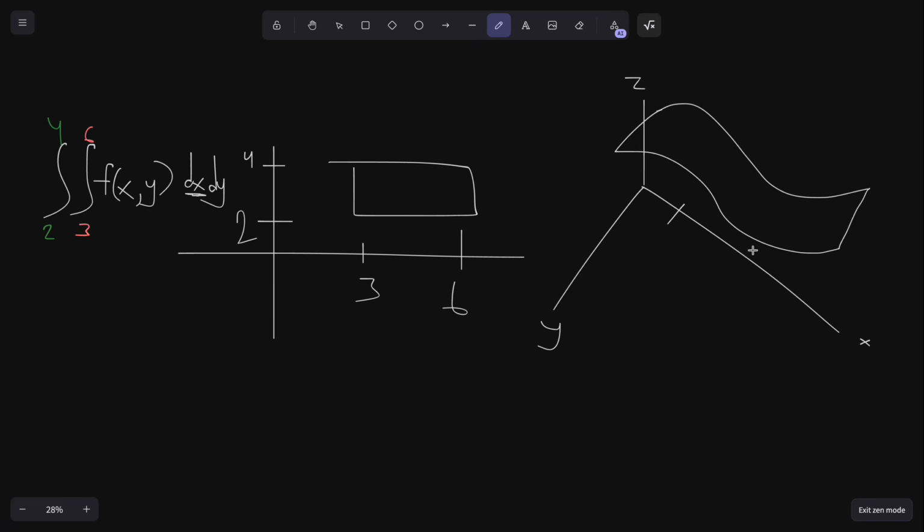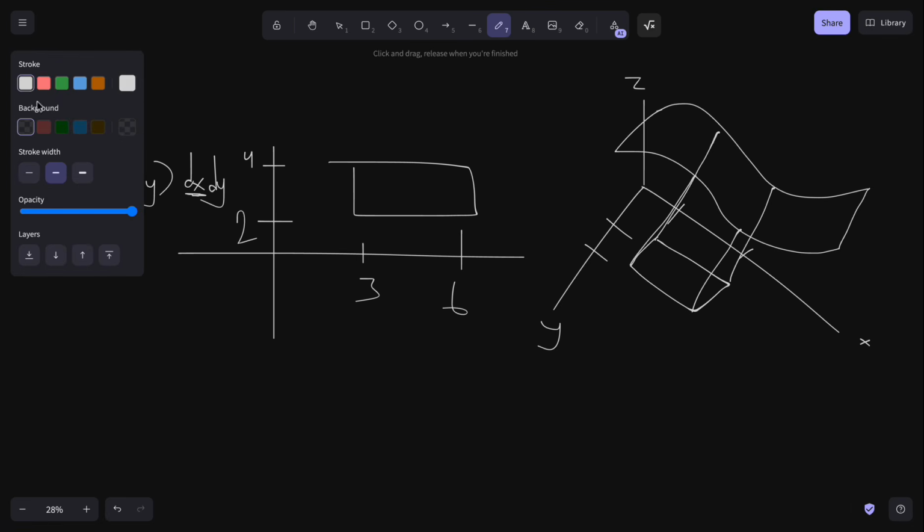You're going from 2 to 4 in the x direction and 3 to 6 in the y direction, and you're trying to find the volume of this surface in those bounds. So it's going to be like this rectangular block I've drawn here. It's not really a rectangular block, but I simplified it to look like that.